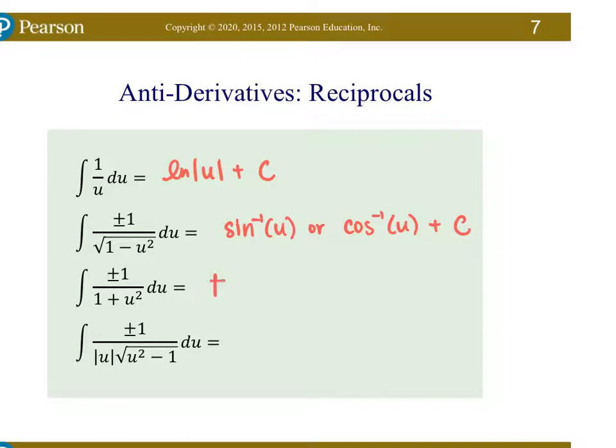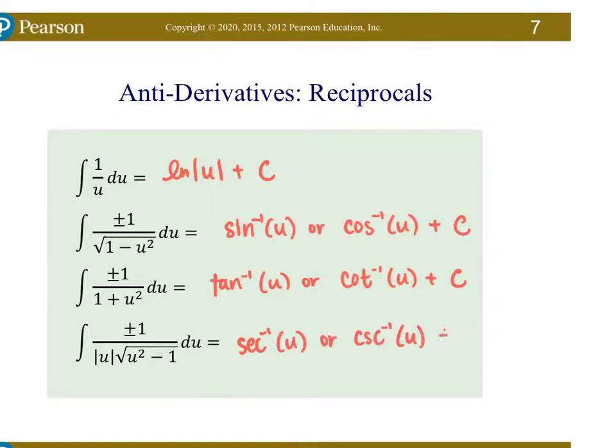Then we have inverse tangent of u or the inverse cotangent, again depending on if it was plus or minus, and then finally the inverse secant or the inverse cosecant of u. So those are defined formulas. If the shoe fits, if the format is right, then you've got your defined antiderivative.